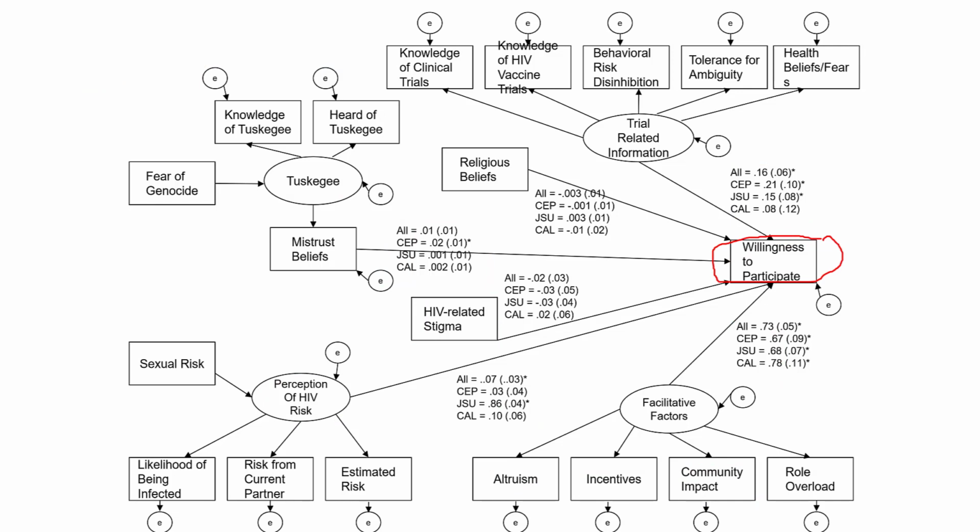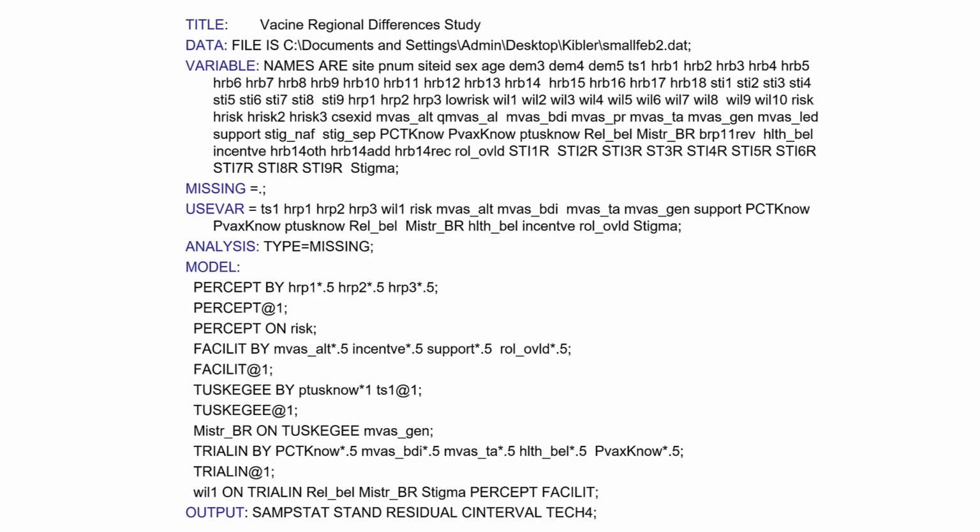So I want to show you the syntax to this model. It looks very complicated on the surface, and my syntax could be simpler, but basically with the M+ syntax, you give it a title.